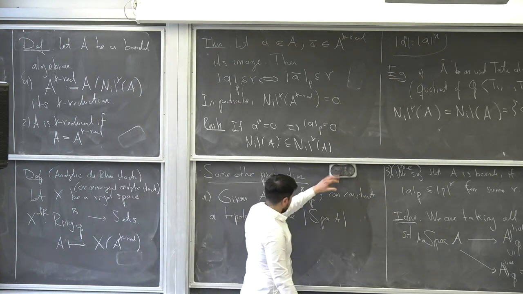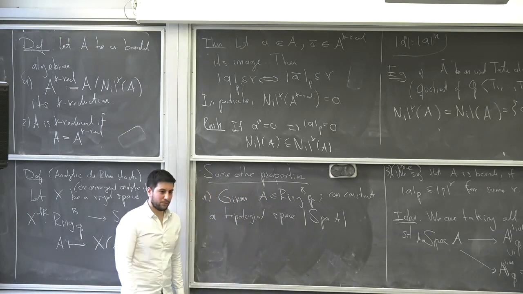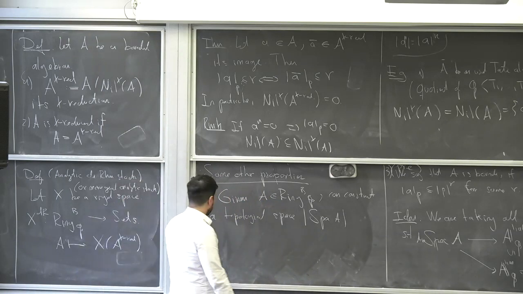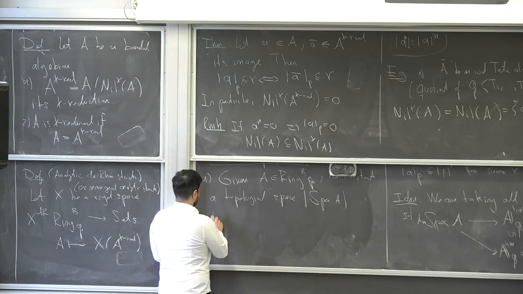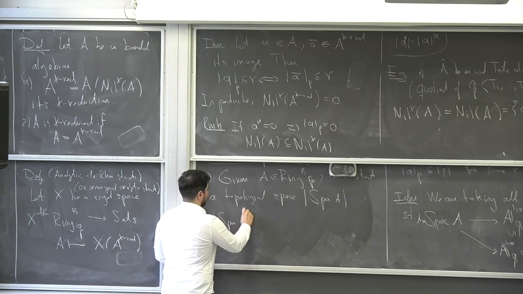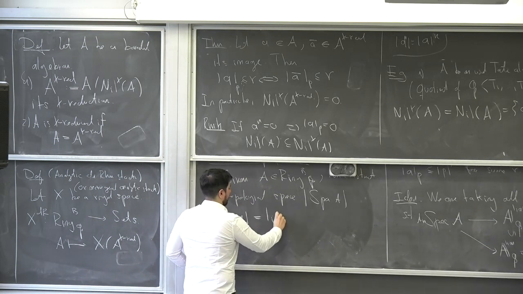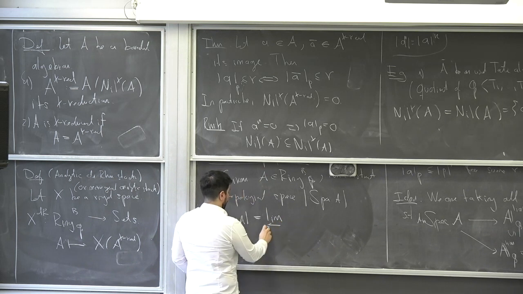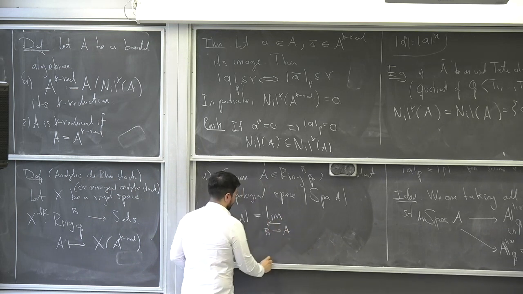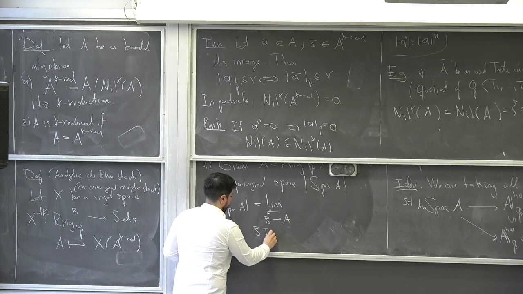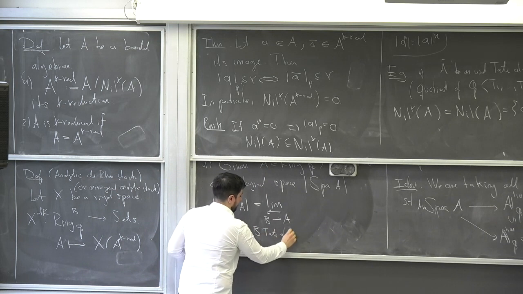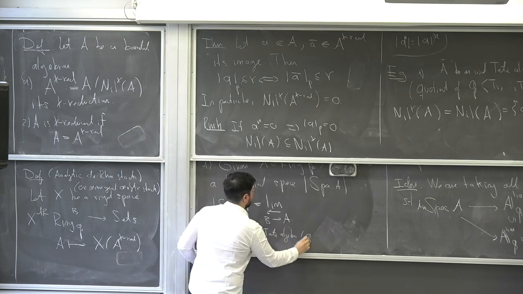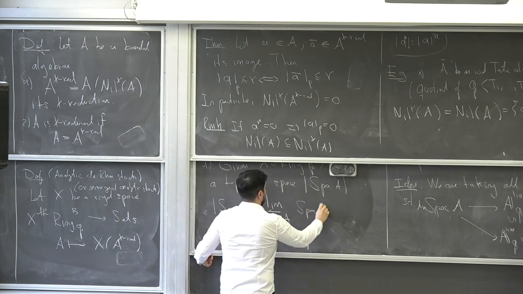So a way to construct this logical space is to take the limits of A, where B is the usual data algebra, and just take the usual spectrum of P.